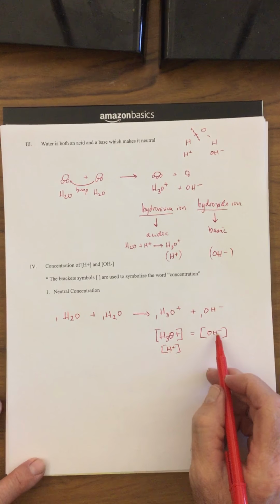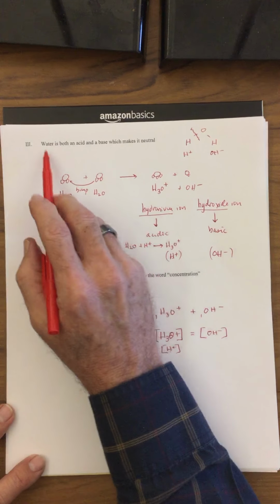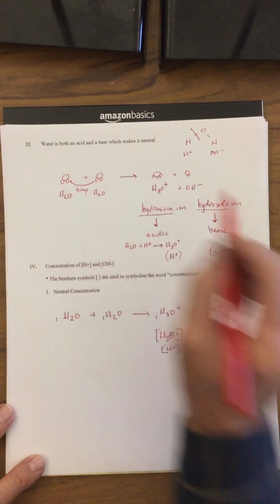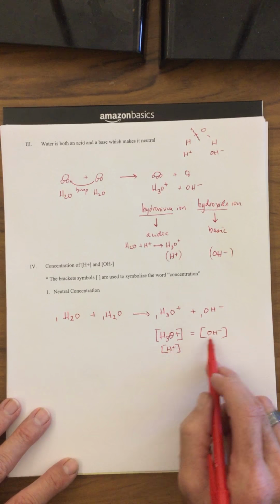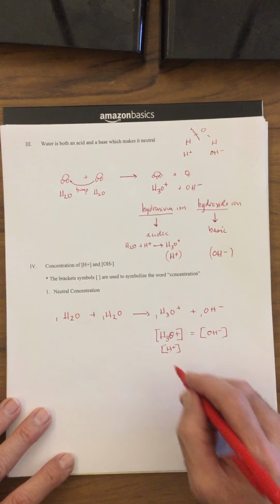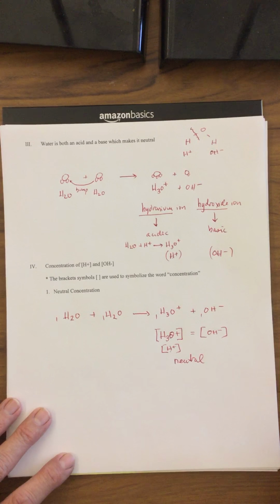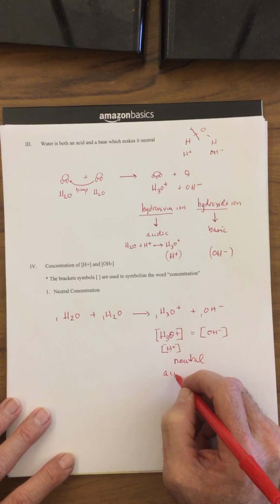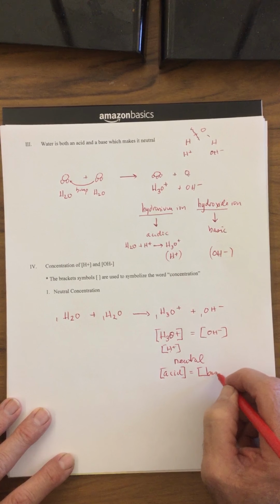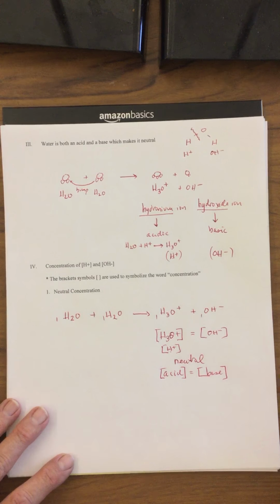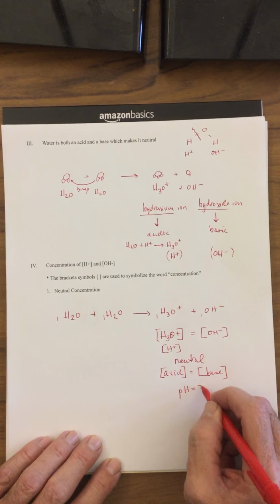When the H plus is equal to the OH minus, that's when you have something that is neutral. Water is both an acid and a base, which makes it neutral. It's neutral because the concentration of acid is equal to the concentration of base. When this happens, it is neutral, meaning the concentration of the acid is going to be equal to the concentration of the base. And when this takes place, you have a pH of 7.